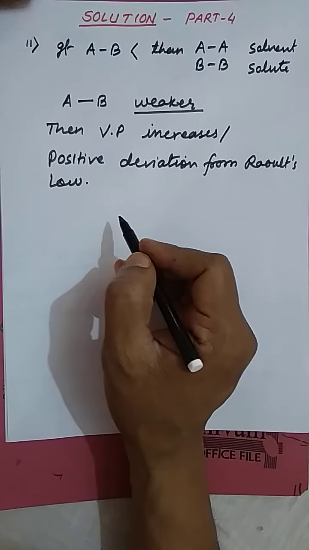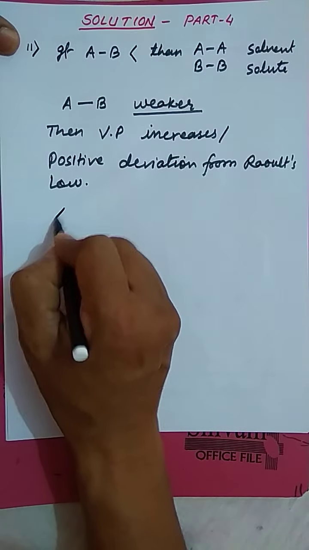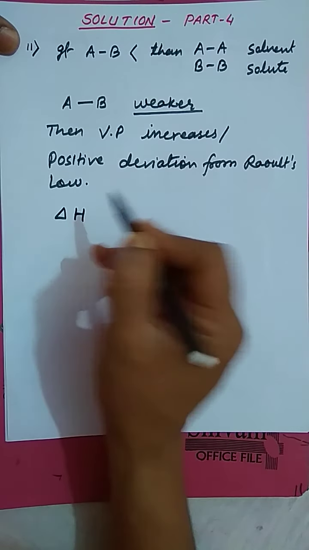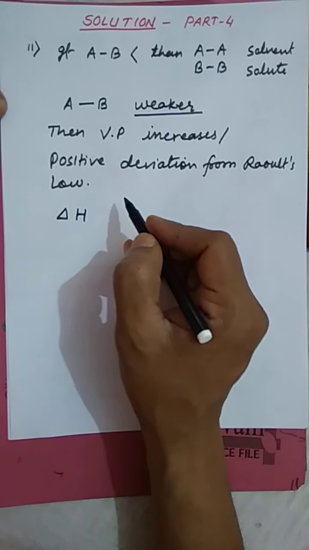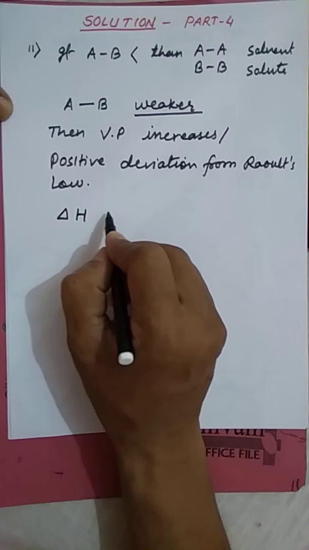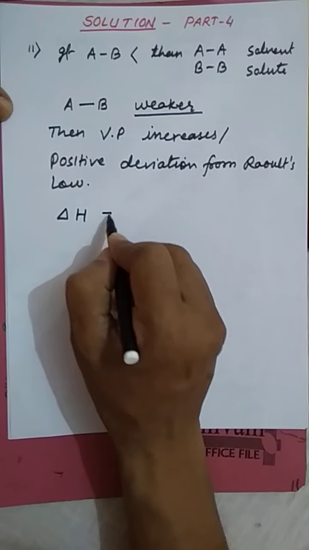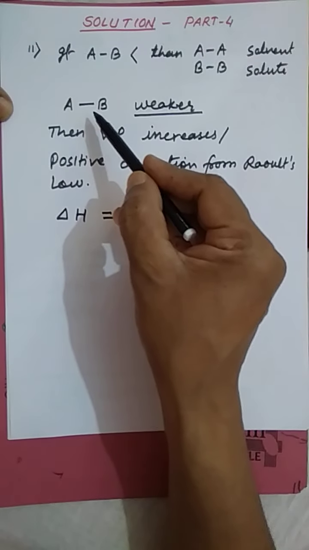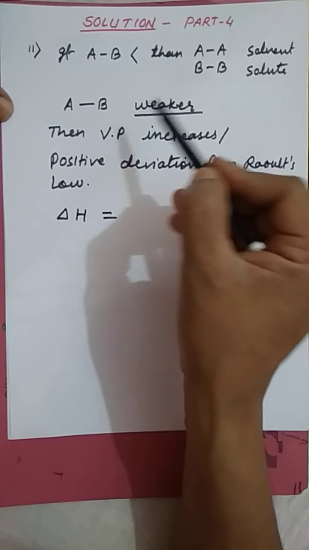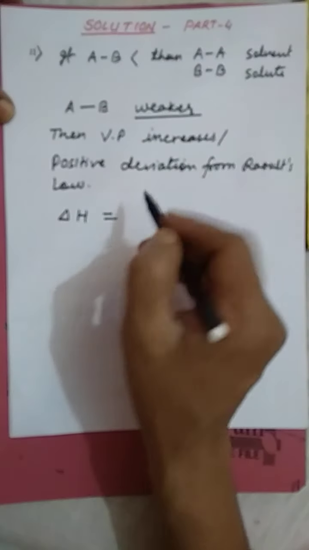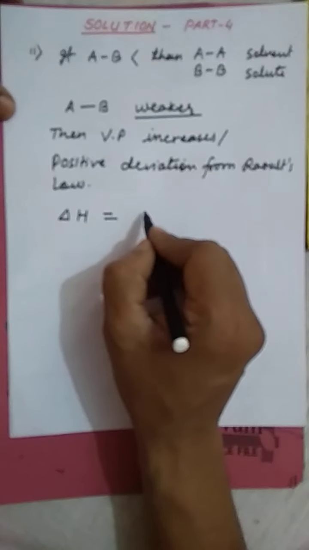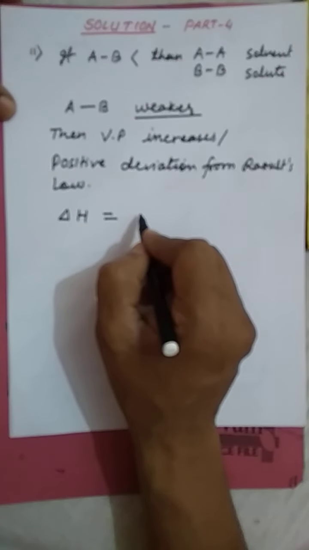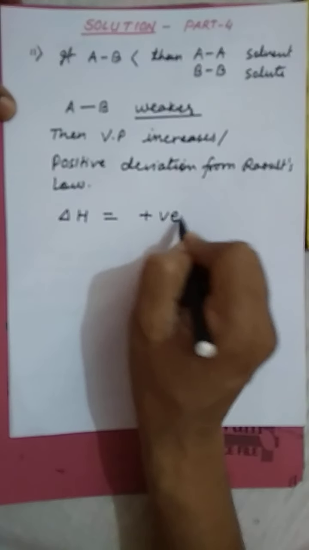So students, what is the effect on delta H, the change in enthalpy, after mixing solute and solvent? Delta H is equal to, as the bond becomes weaker, that means a type of breaking of bond, so some amount of energy is absorbed. So definitely in case of absorption, delta H is positive.